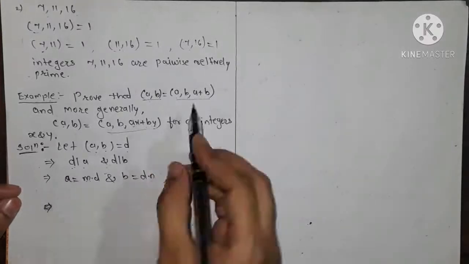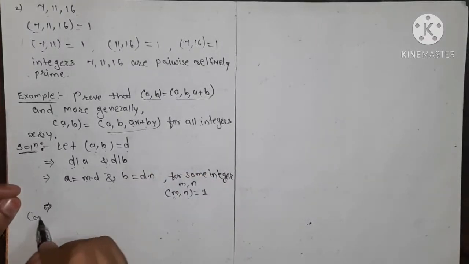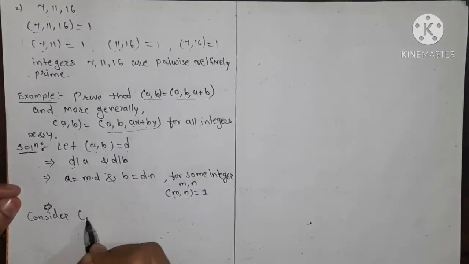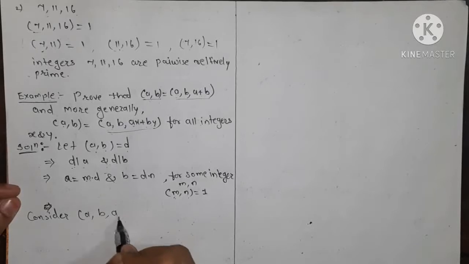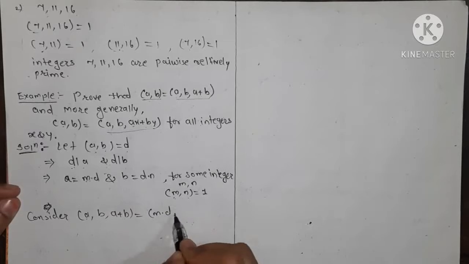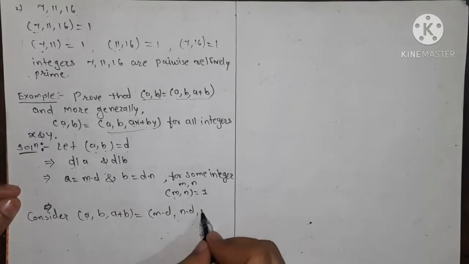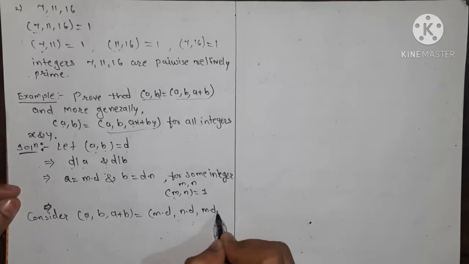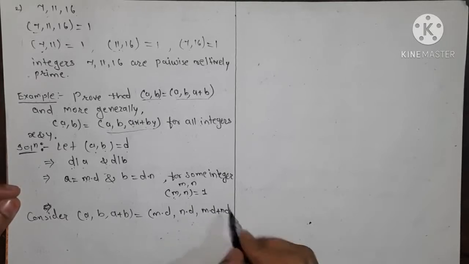So we consider this term, the GCD of a, b, a plus b, which equals the GCD of, a is written as m into d, b is written as n into d, a plus b is the same as m into d plus n into d.